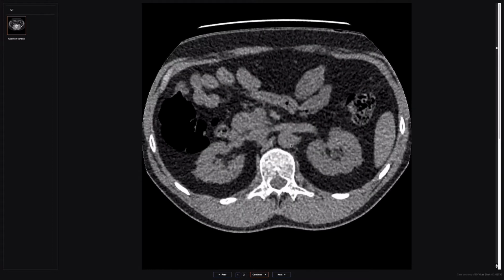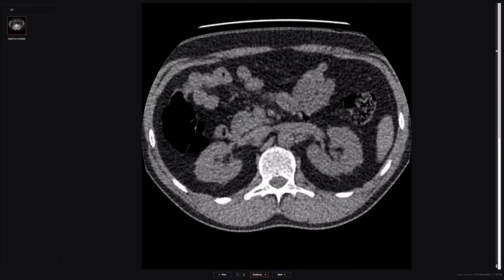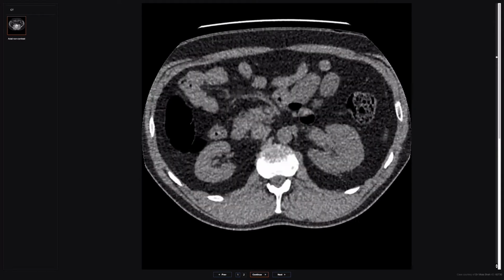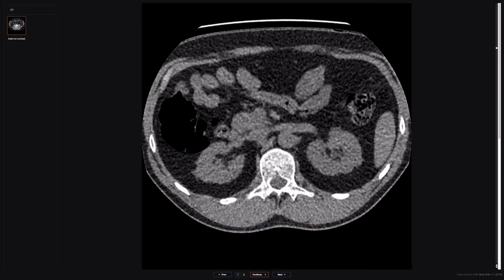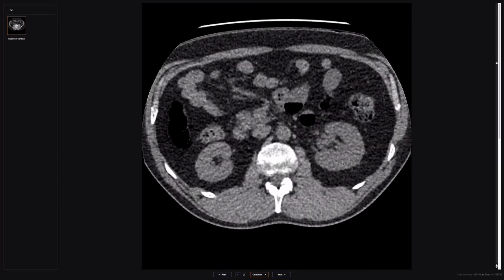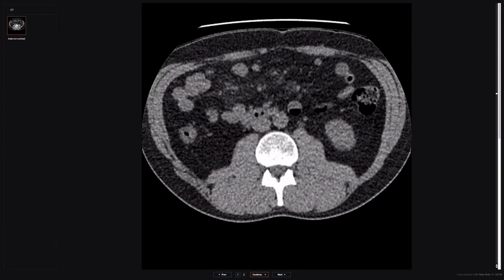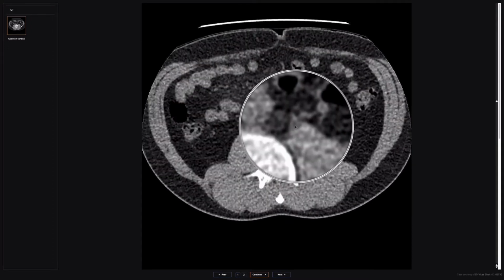If I get to about here, I can already tell that I think the left is the abnormal one, because there's more distension of the pelvicalyceal system on the left than there is on the right. The outer edges of the left kidney are a bit more fuzzy than the right, so there's perinephric fat stranding.